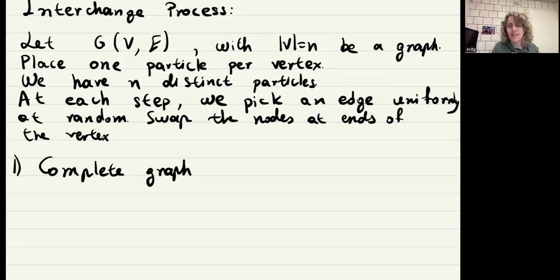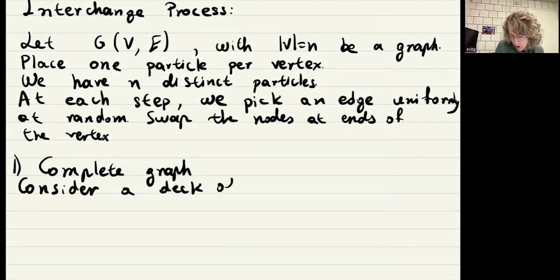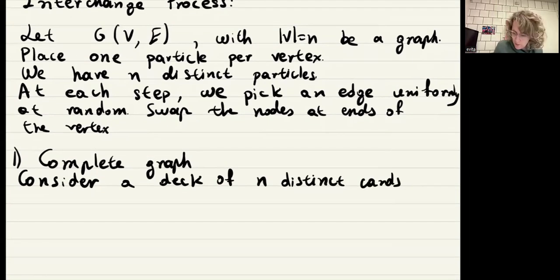Let's say I also add a loop for each vertex, and the interchange process in this case corresponds to shuffling by random transpositions. So let's consider a deck of n distinct cards. The way we're going to shuffle is by random transpositions.